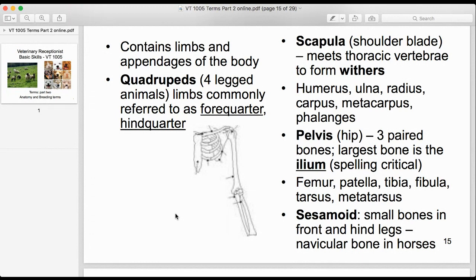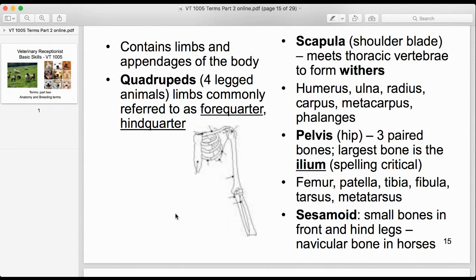One of my tips for remembering the difference between where the carpus is in the front quarters, forequarters of our animals, front leg areas, versus the tarsus in our hind leg animals: if you think of yourself as a person, your wrist area is the carpus. And with your hands and your wrist, you drive your car, C-A-R.